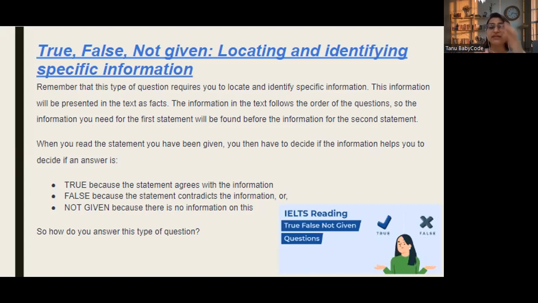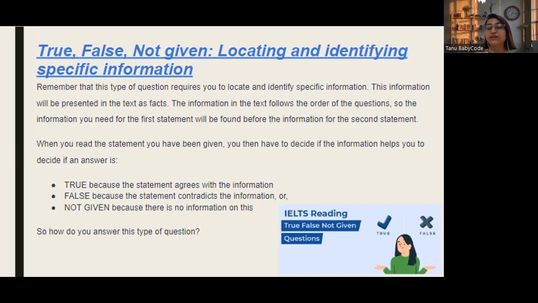Now, when you read the statements you have been given, you have to decide which is true, which is false, and which is not given. So make sure whether the statement agrees with the information. If the statement agrees with the information, then that statement is said to be true.